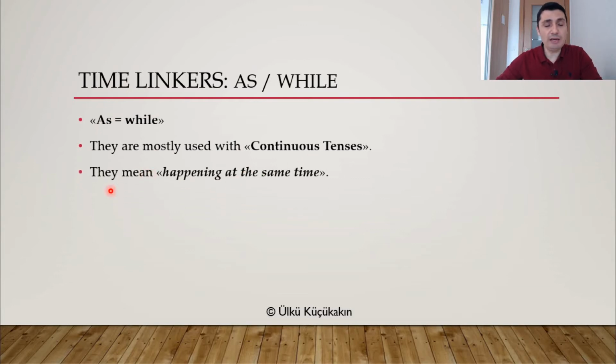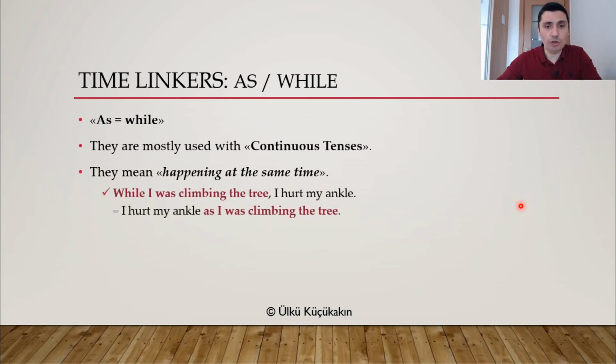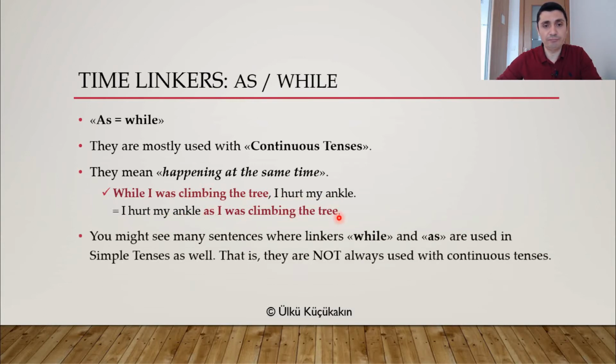And they mean happening at the same time, happening simultaneously, all right? So, while I was climbing the tree, I hurt my ankle. It's the same as I hurt my ankle as I was climbing the tree, all right?